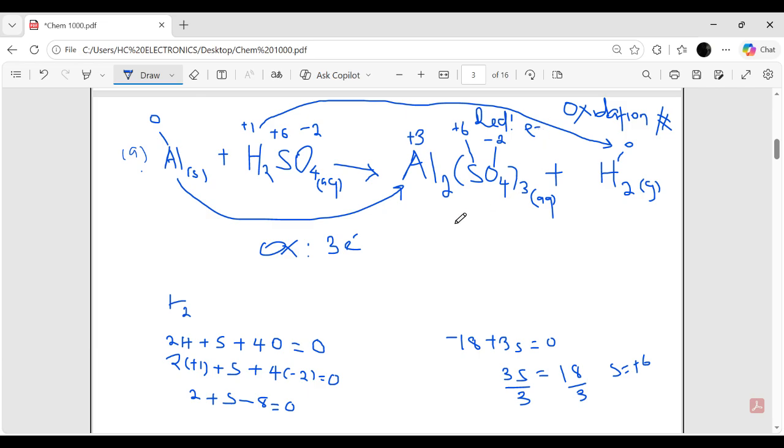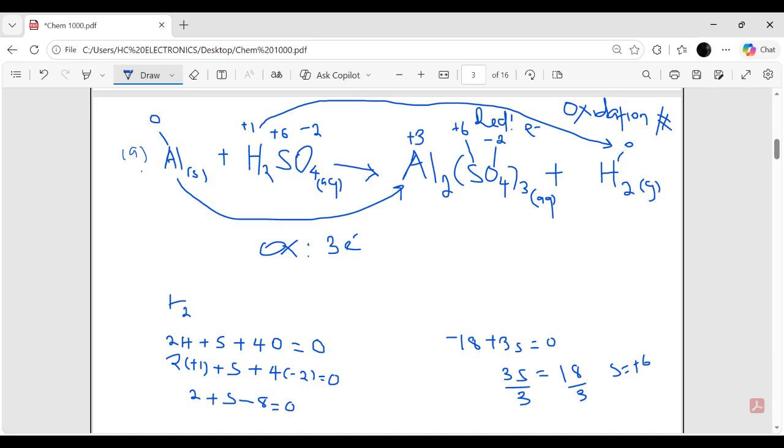Then you are supposed to balance the number of electrons gained and the number of electrons lost. Here you have 3e, so you have lost 3 electrons, and here you have gained 1 electron. So you are supposed to balance these electrons. By what factor are we going to multiply?